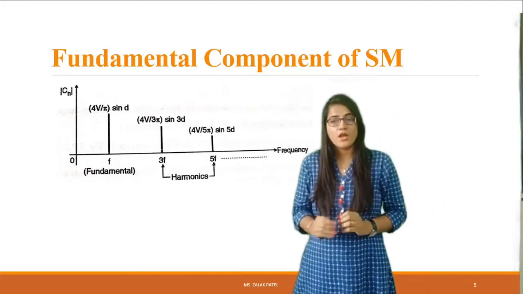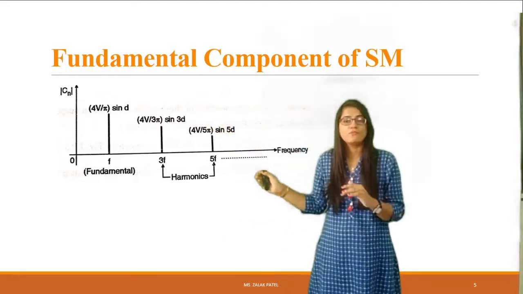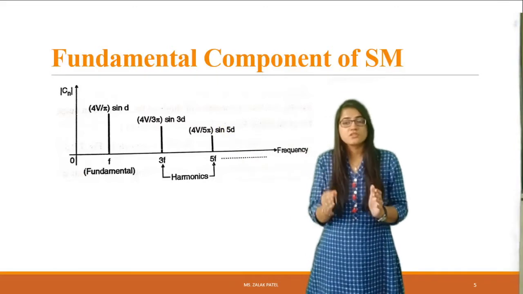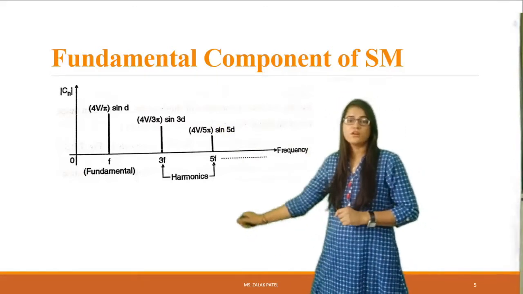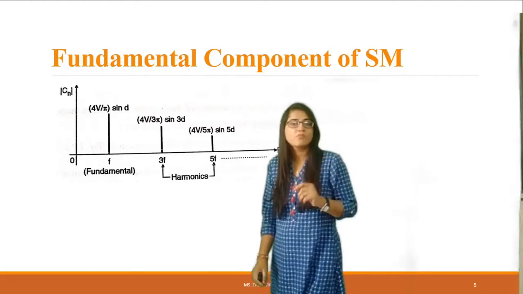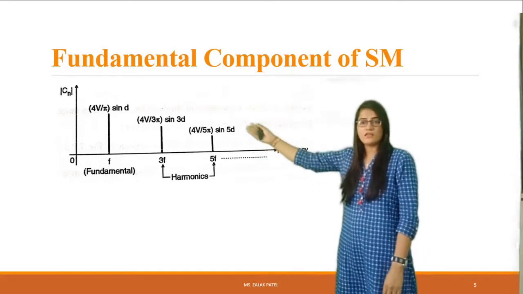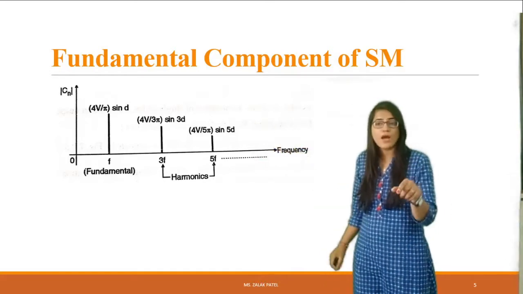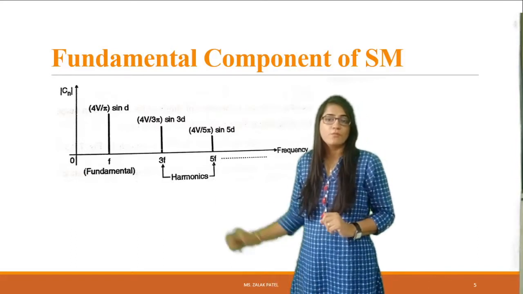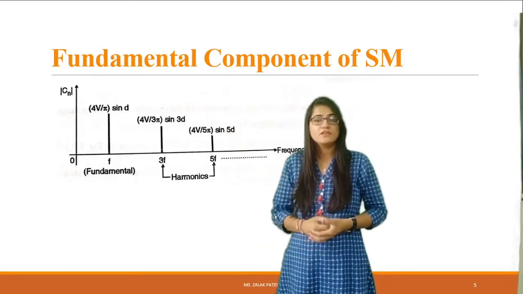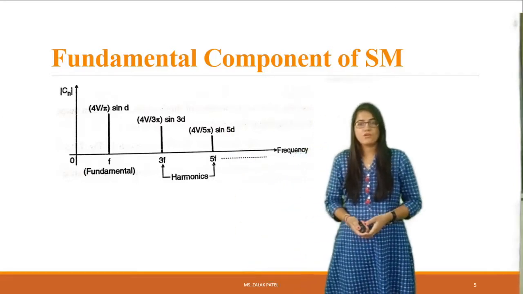Instead of the value n, we put the value 3 in 4V upon n pi sin n d, which gives us the third harmonic: 4V upon 3 pi sin 3d. For the fifth harmonic, instead of n, we put the value 5, so 4V upon 5 pi sin 5d. So this is the graph of the harmonic components.